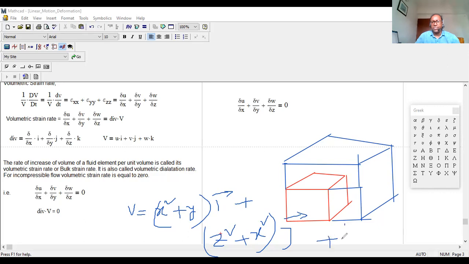We can say (z squared plus xy) into k. And you prove whether the flow is compressible or incompressible. How can you do it? Where u equals this, v equals this, w equals this, you just figure out the derivatives and substitute here. If you satisfy this equation, then you can say this is incompressible flow because the volumetric strain is 0. If it's not 0, that means the flow is compressible, and you figure out the amount of volumetric strain.